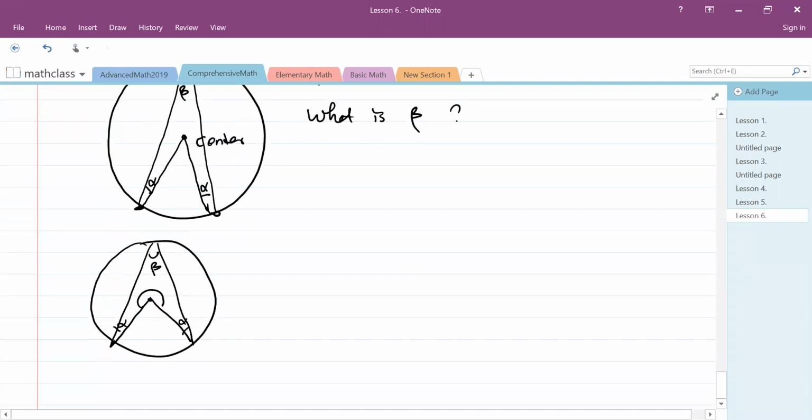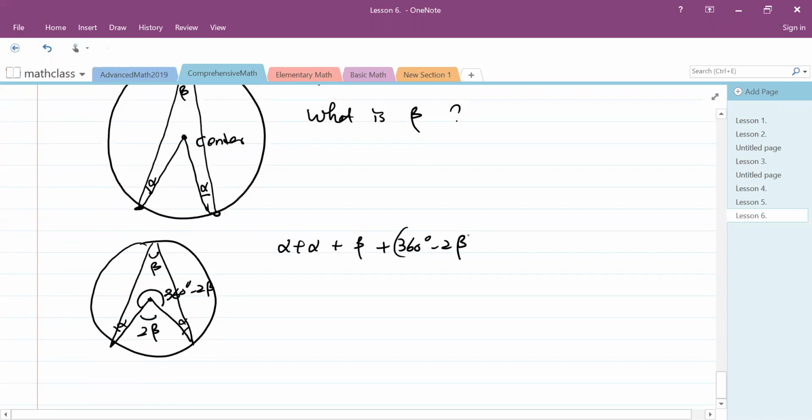So we remember this is going to be 2 beta. So that will be 360 degrees minus 2 beta. So the sum of the interior angles will be alpha plus beta plus 360 degrees minus 2 beta.